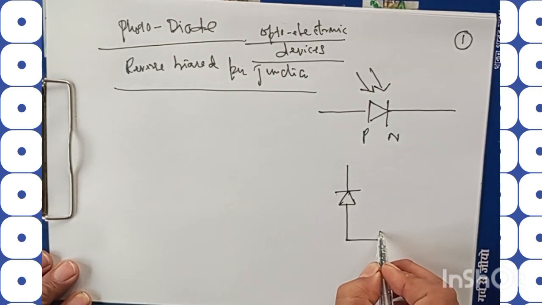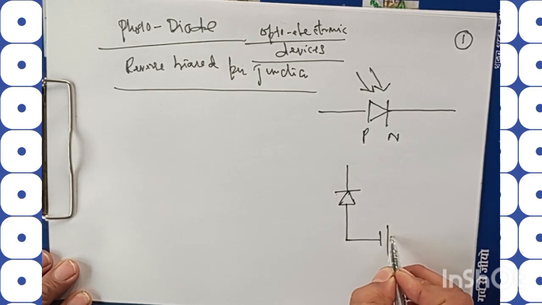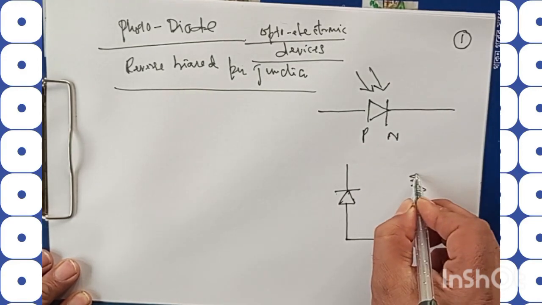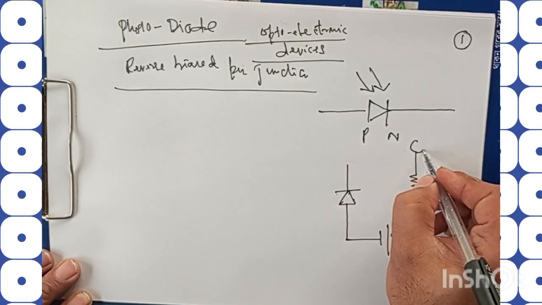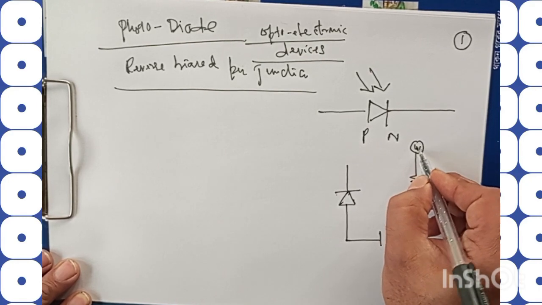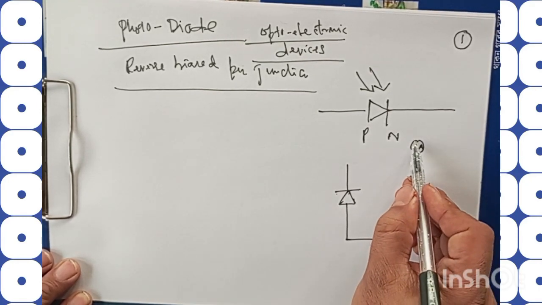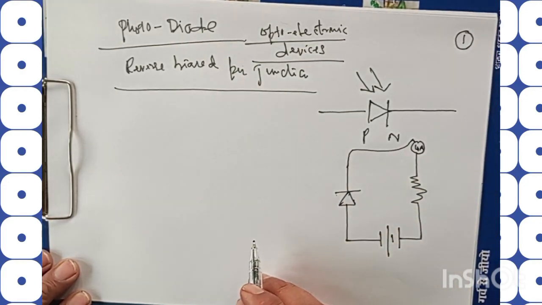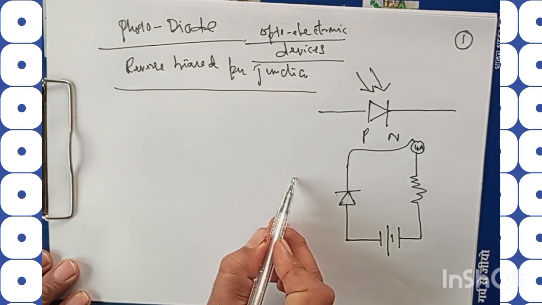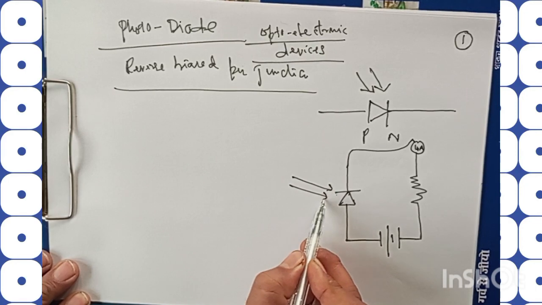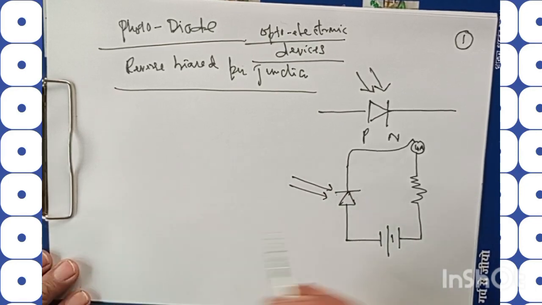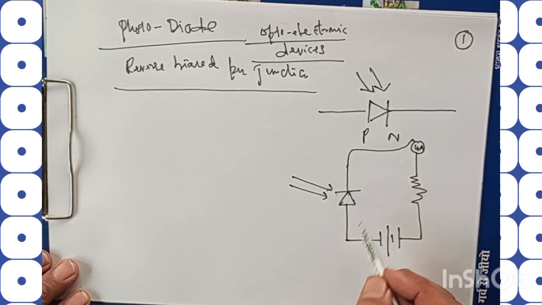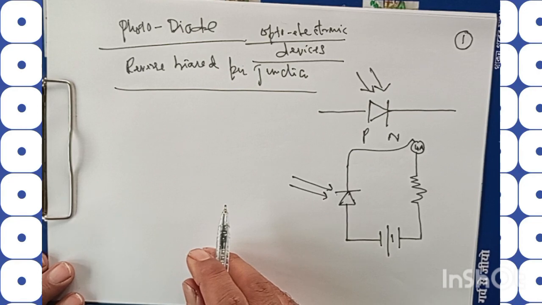It has to be in reverse biasing mode, so certainly this should be negative. Here we have a resistance, and then a microammeter, and then we get it back to the N side of this photodiode. The right thing is to show something like this, which confirms the fact that the properties of this PN junction are exploited by allowing the light to fall on it.